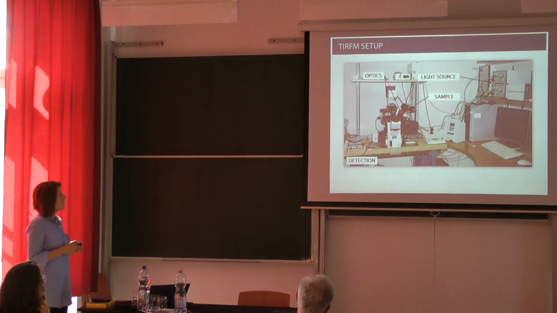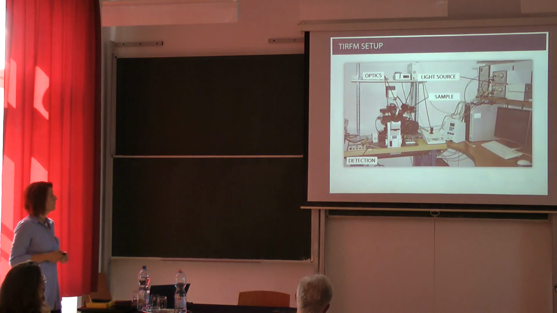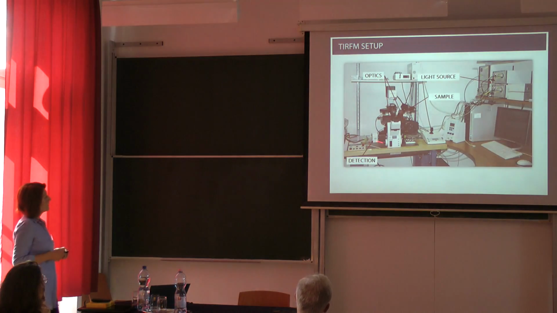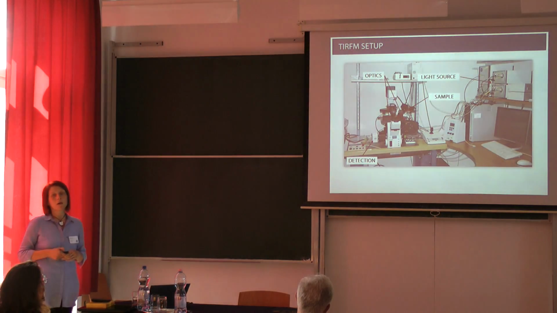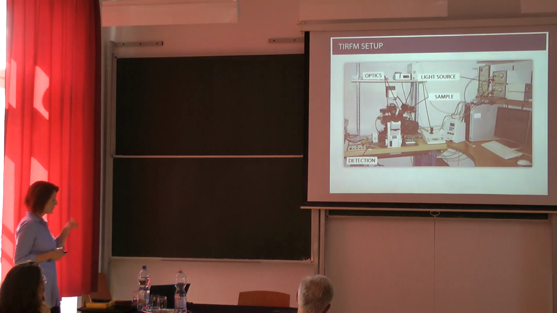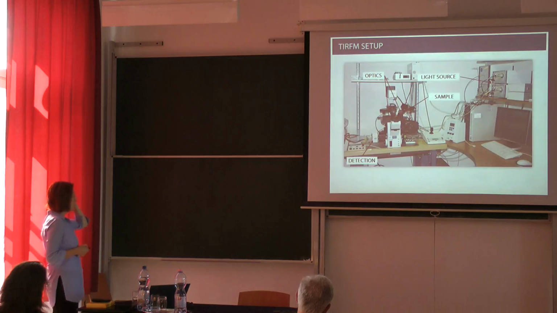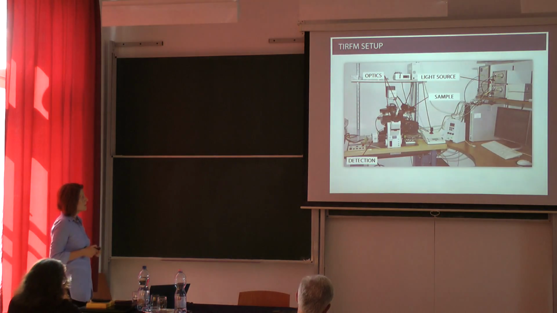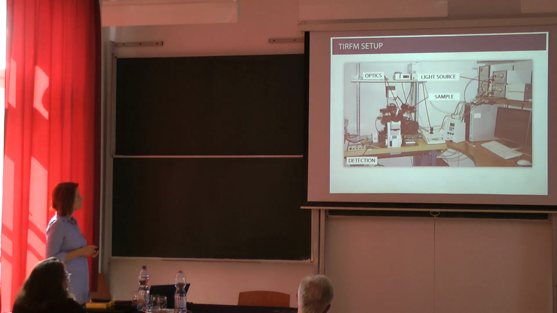We also have the optical elements required to produce the supercritical angles, so it's an objective-based TIRF microscope. For detection we have a Hamamatsu Orca CCD camera, but for special applications you can choose different detectors, maybe more sensitive EMCCD cameras.